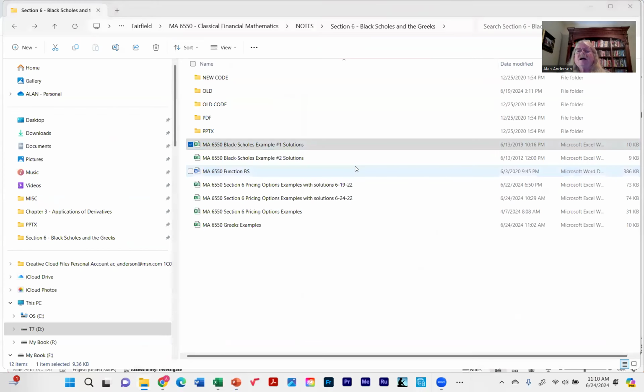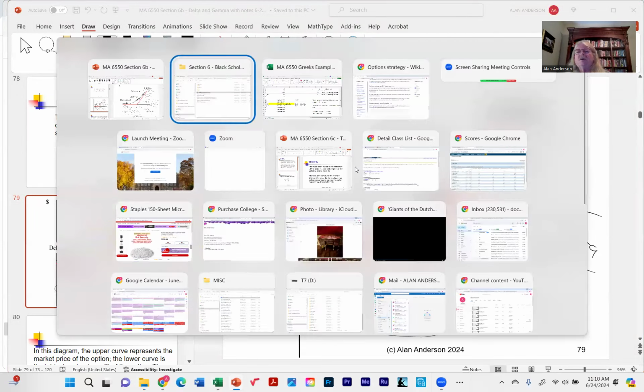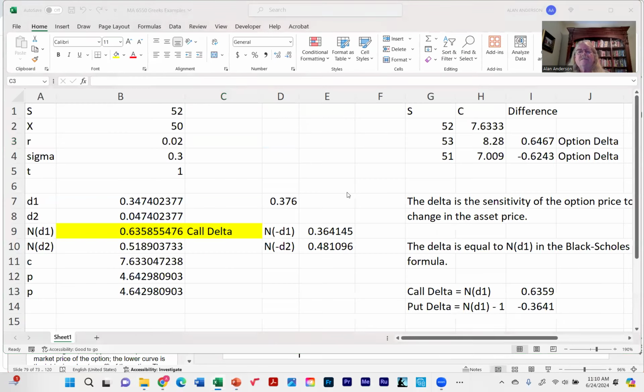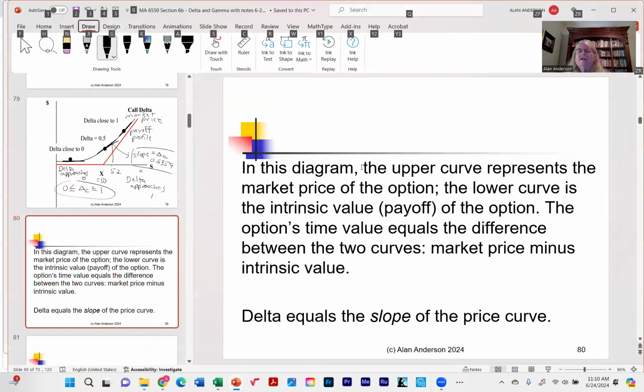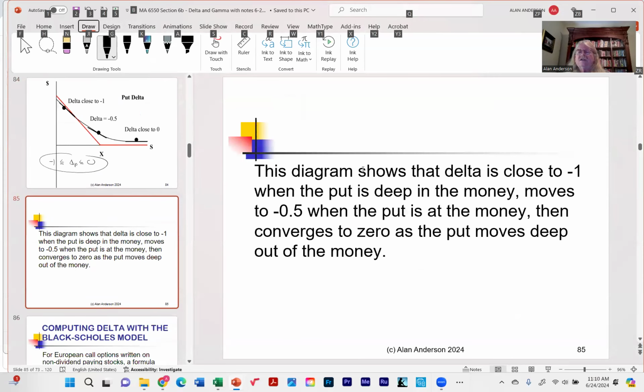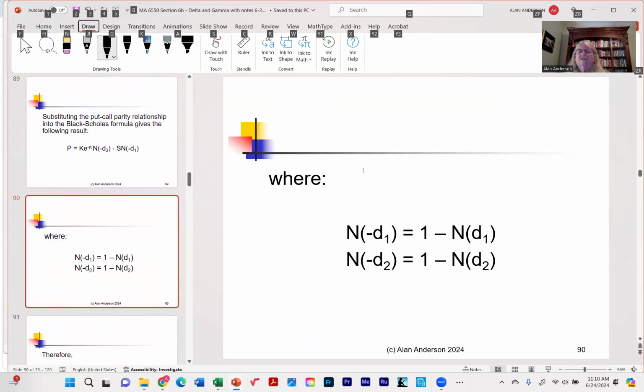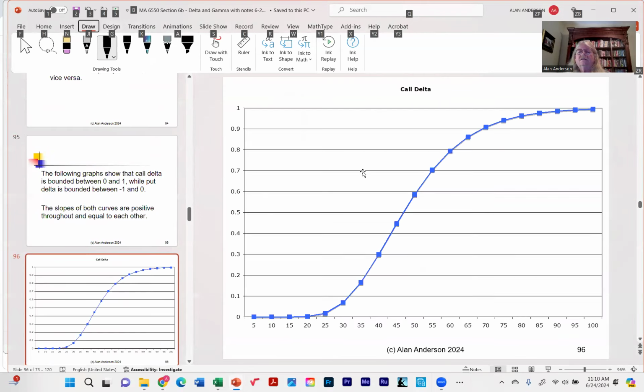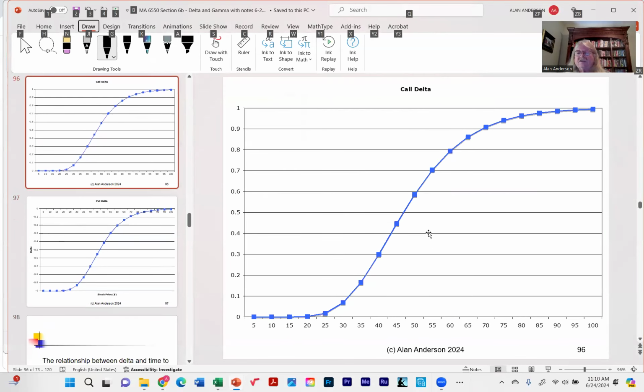So if you went through and changed the price many, many times, you get a curve that looks like this. There it is. For the call delta, I went ahead and recalculated the delta for many different stock prices, and it has this nice S-shaped curve.